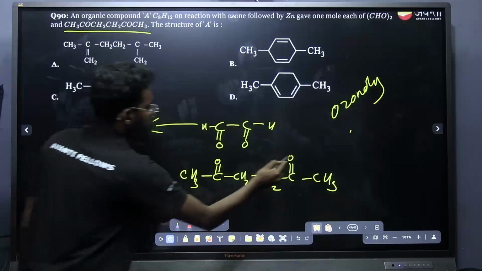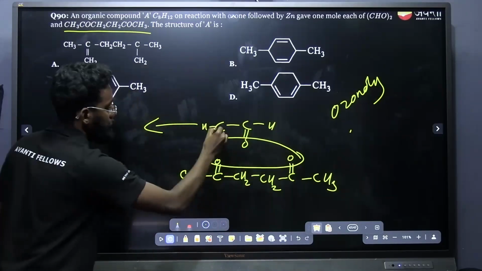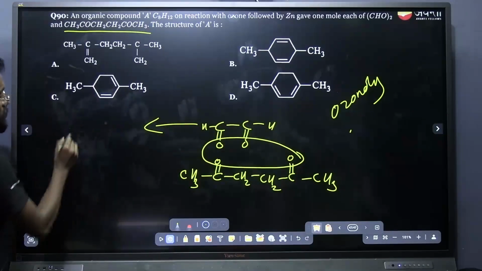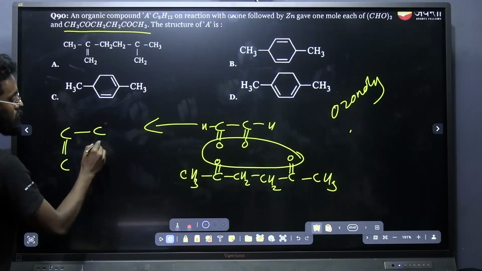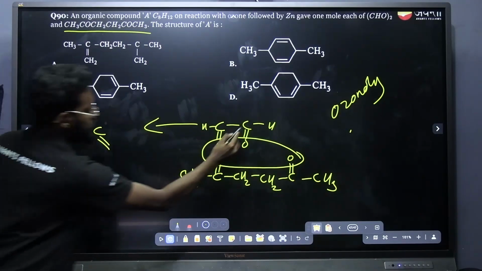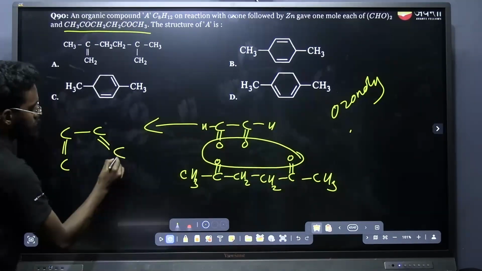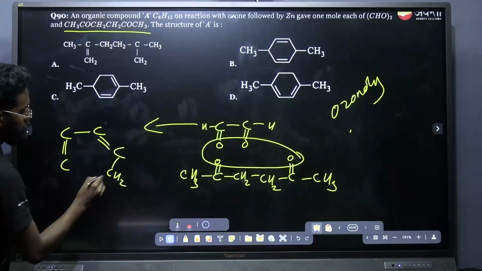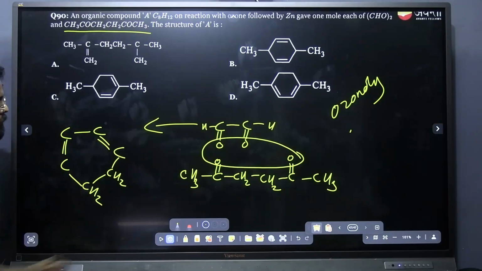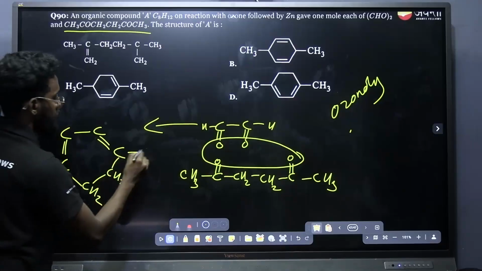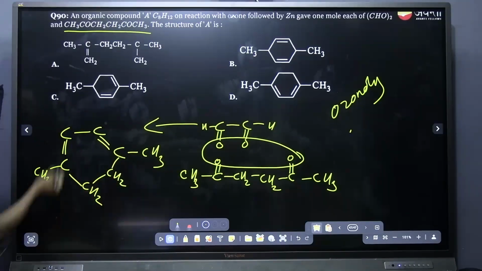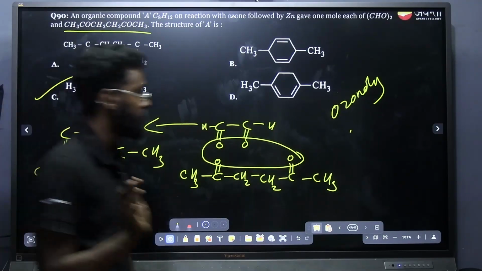What I said: remove the oxygen and then combine the carbons with a double bond. That's the only thing you should do here. This carbon is attaching with this carbon, then CH2 combining. Now this carbon has a CH3 group, and that carbon has another CH3 group. What is the answer? You can see answer C is coming. Ozonolysis reaction is very easy, you can easily find out the product.